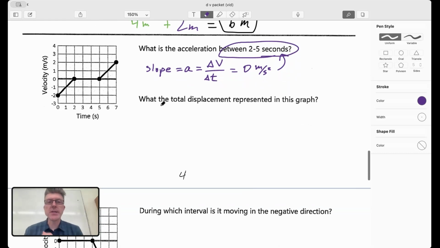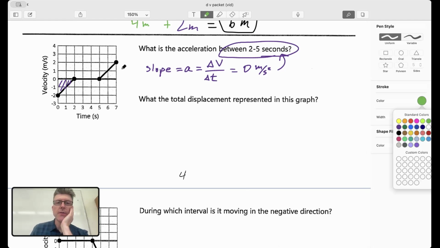What's the total displacement? Let's take a look. Now here again, we're going to take the total displacement between the 0 line, between the axis and the curve, right? So we're taking this part. There's nothing in between here. And then here, we'll do a different color. Here we have the positive one.